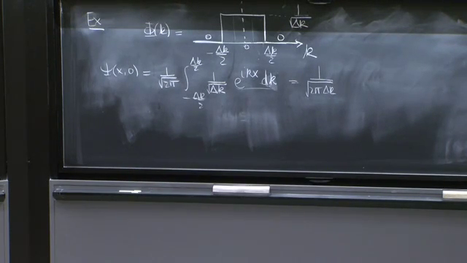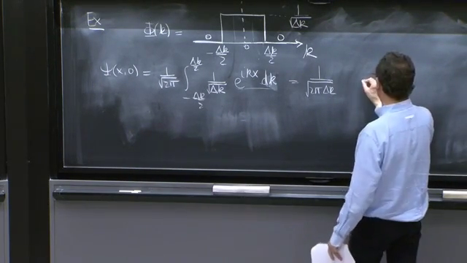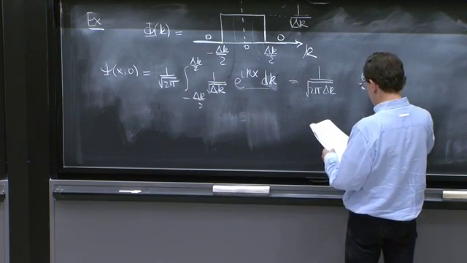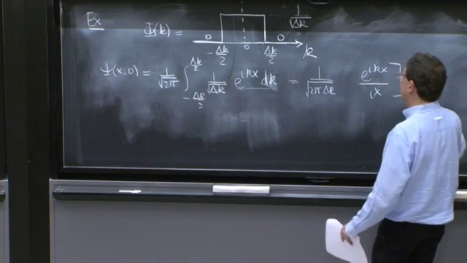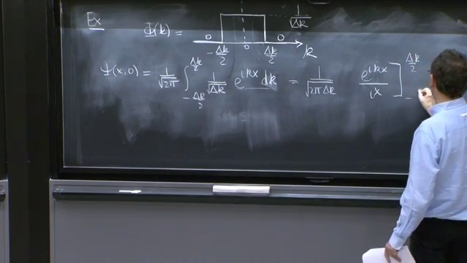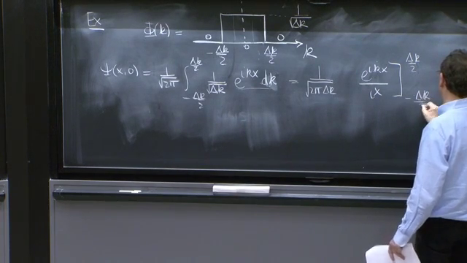And that gives you e to the ikx over ix evaluated between delta k over 2 and minus delta k over 2.